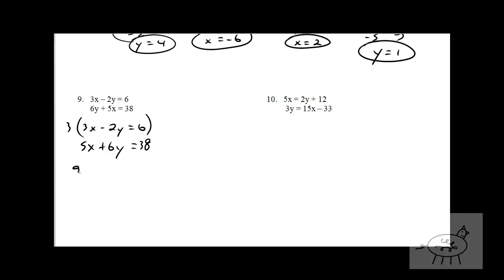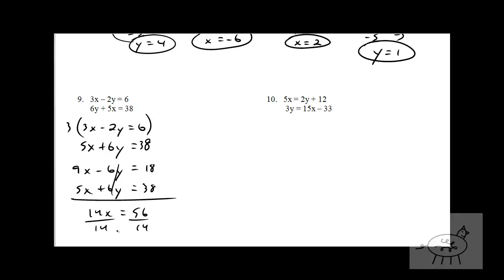So we get 9x minus 6y equals 18, and 5x plus 6y equals 38. Alright? And again, the y's cancel, so we get 14x is equal to 56. And that does come out to be nice, even though it doesn't look like it. Divide by 14, x comes out to be 4.